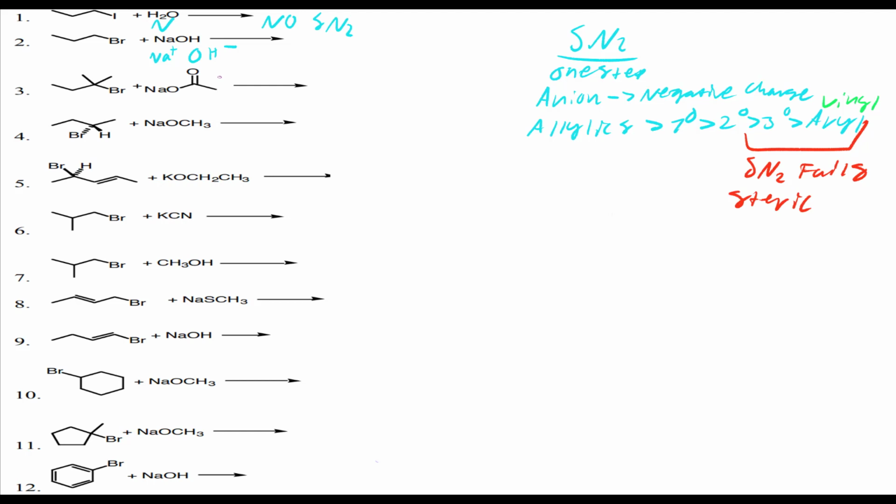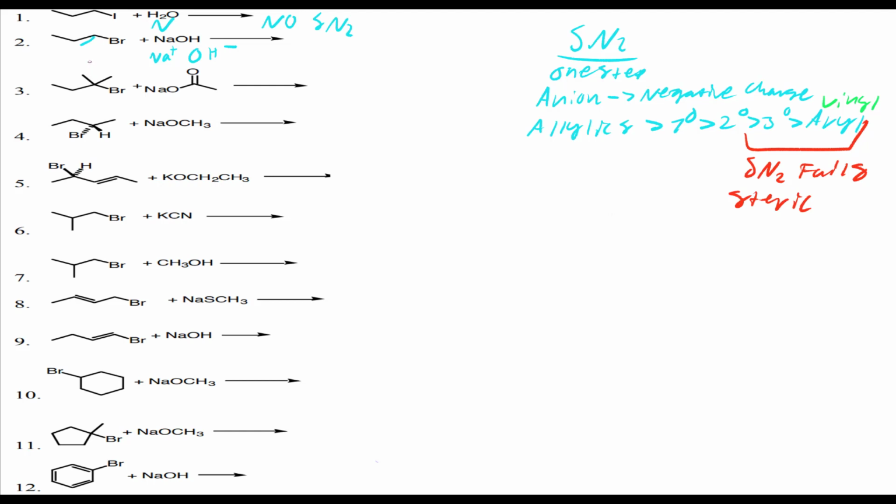Okay, after we found out that this is a negative charge, we're going to look at our substrate. That's just a fancy way to say what are we going to react with. Over here, we have a carbon, you agree that's a carbon, and it's attached to a bromine, but we have to figure out if it's primary, secondary, tertiary, allylic, aryl, or vinyl. Is it vinyl? Is there a double bond right here?